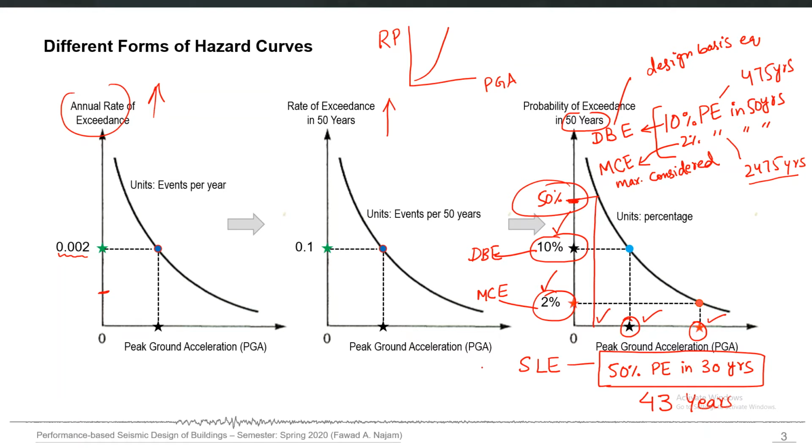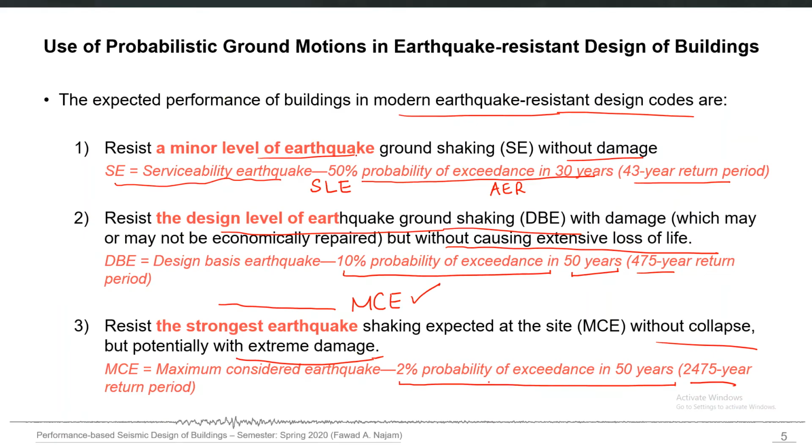So the first level is SLE, the lowest level. The structure should remain intact, it should not have any damage, or maybe some minor damage, but maybe non-structural damage only. For the DBE level, it can have structural damage, but it should not be so that there is some loss of life.